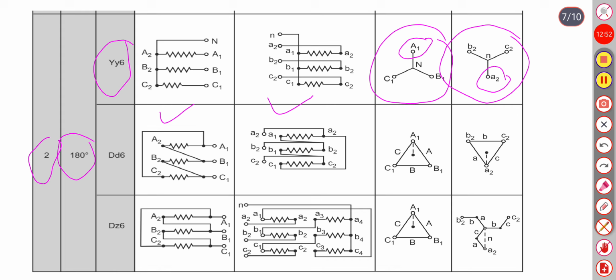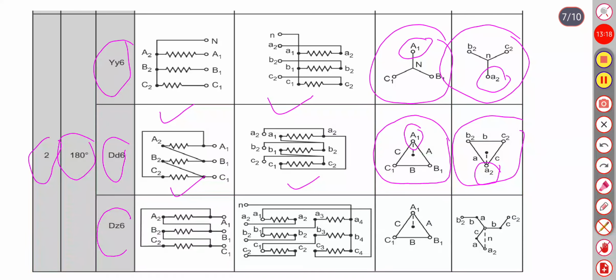In the DD6 connection, the HV winding is connected in delta and the LV winding is also connected in delta, but there is a phase displacement of 180 degrees. Here again A1 and A2.